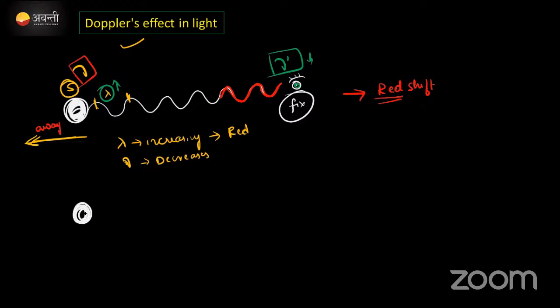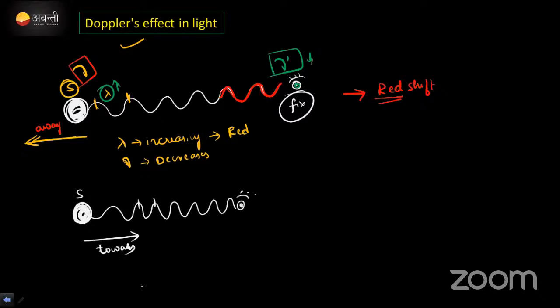Second case, same source of light. It is emitting the frequency of light. Person is here now. इसका lambda देखो. Actually, just imagine that the source of light is approaching towards the observer, moving towards the observer.